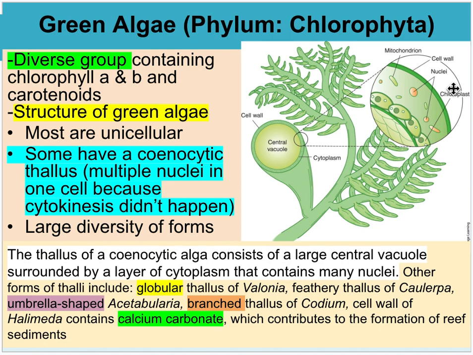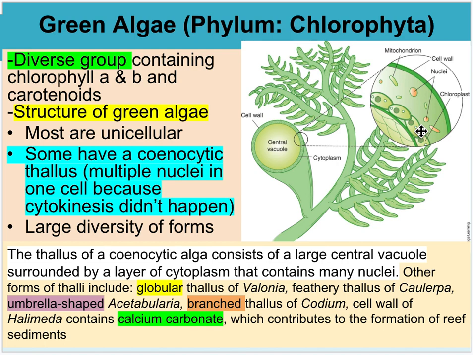When a cell divides, all these cell parts are created, and usually at the very end you have something called cytokinesis, where the cell breaks into two pieces. It basically does everything but the cytokinesis. So it'll go through a whole mitosis division, except not have cytokinesis, where it divides into two. So you'll have multiple nuclei, and it's showing it here in the pictures, floating around in a single space, which is pretty crazy and pretty diverse.